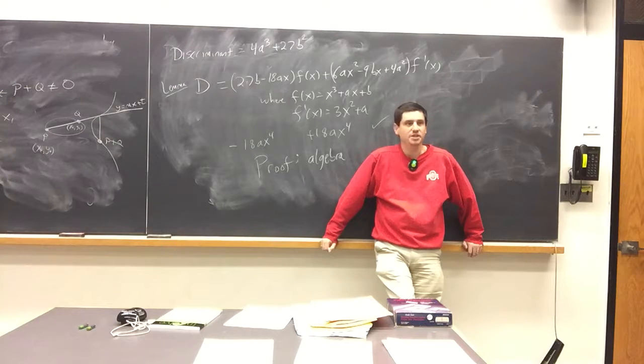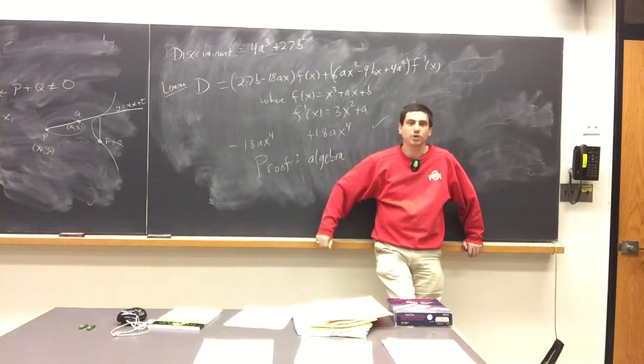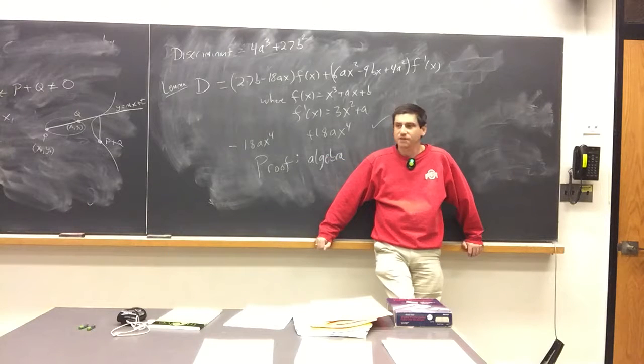Looking at this, do you have any sense? I'm really trying to drive home a point that I've been trying to make for the last week. It's very easy to get lost and not really understand what's going on and just compute. Try to go back and think, what is going on? Why is this true? Why would someone look at these combinations?